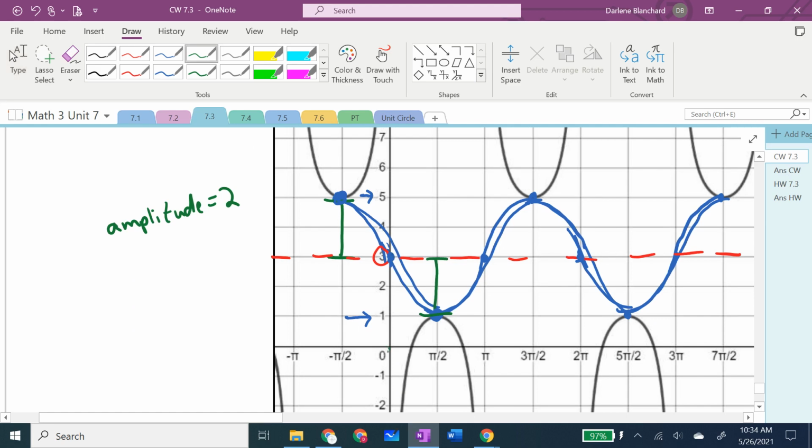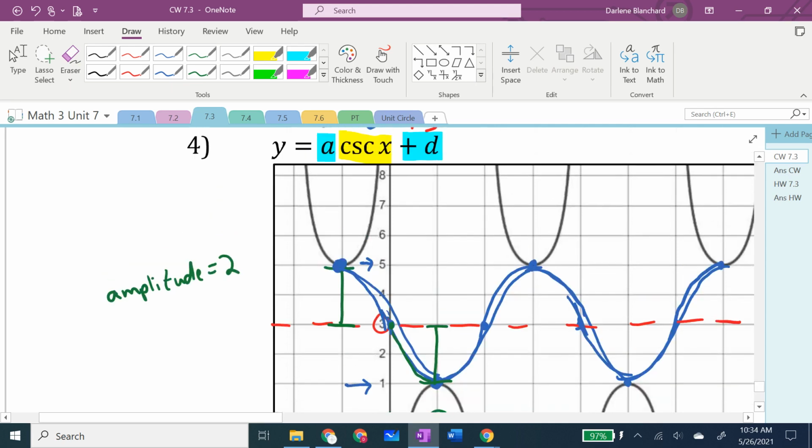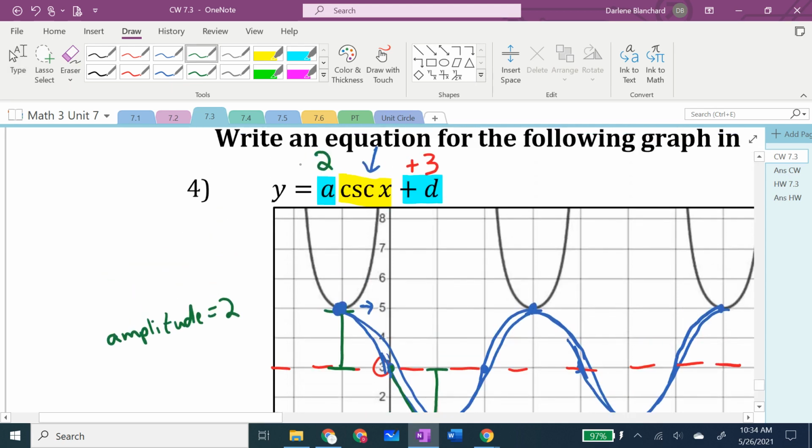Because if I look at where I'm located at time 0 and then where I'm located at time pi over 2, my sine graph is heading down before it heads up. So that means it's -2.